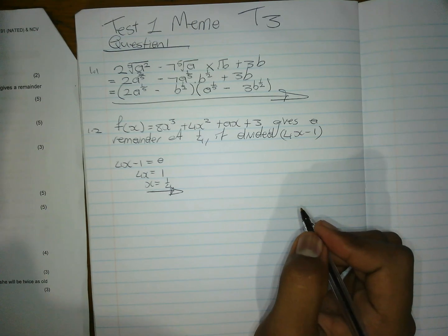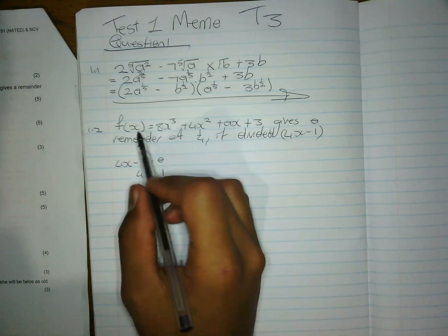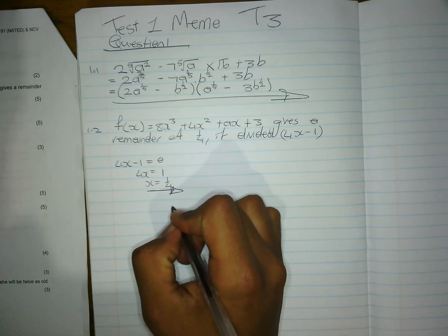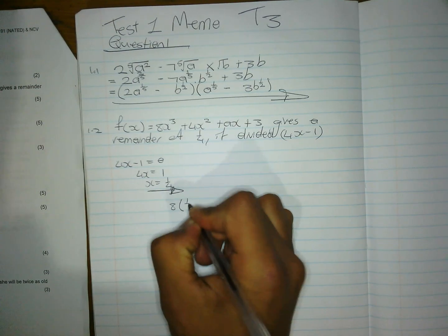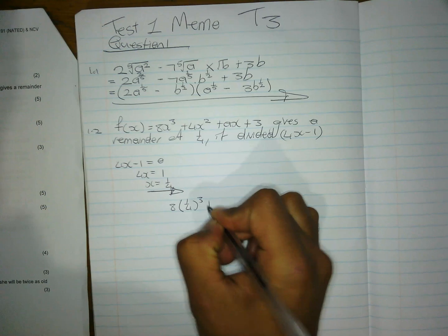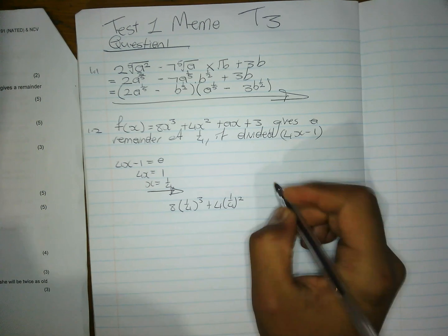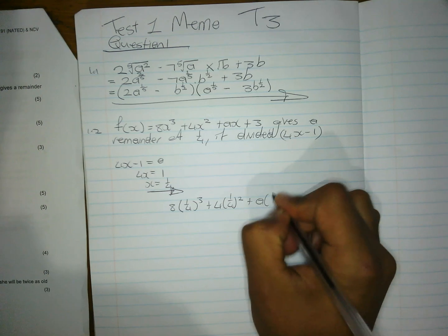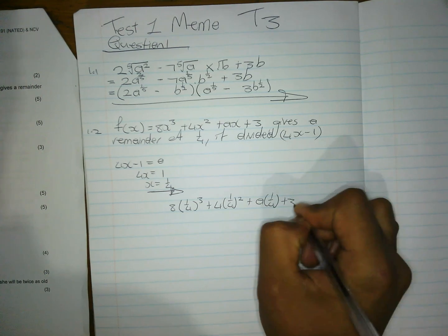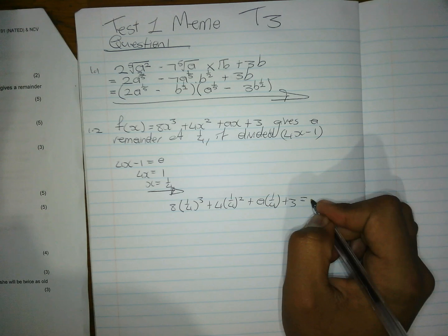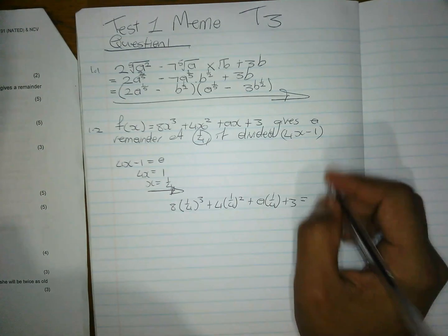The next step, substitute in. So we're going to have 8 times (1 over 4) cubed plus 4 times (1 over 4) squared plus a times (1 over 4) plus 3 equals to, with a remainder of 1 over 4.